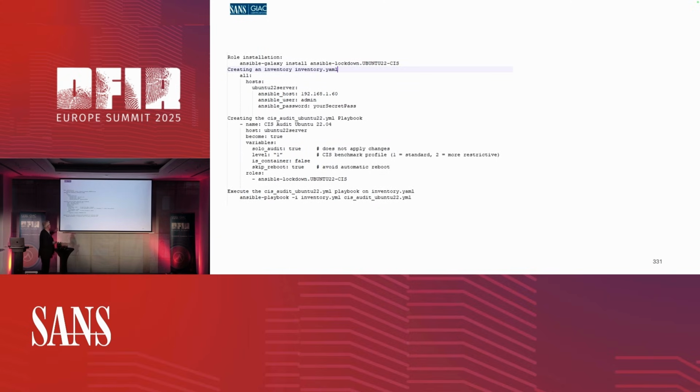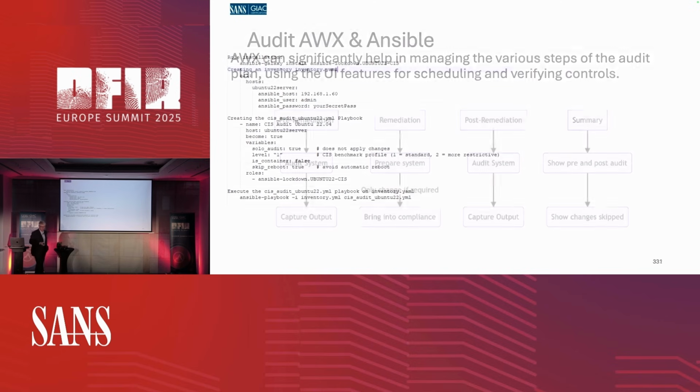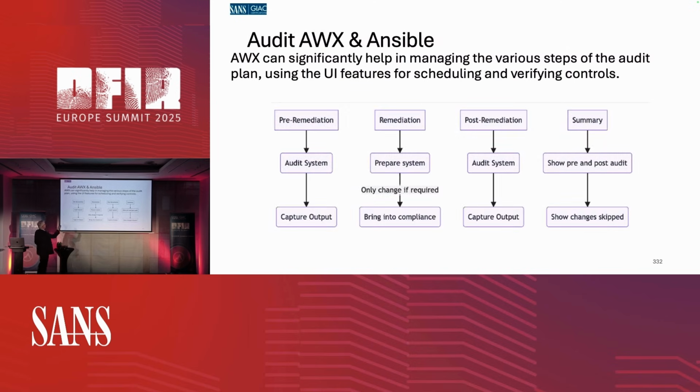This is a little example of what we can do for this kind of check on Ubuntu 22. It's very easy. When doing an audit, AWX helps manage the various steps of the audit plan using the AWX user interface.